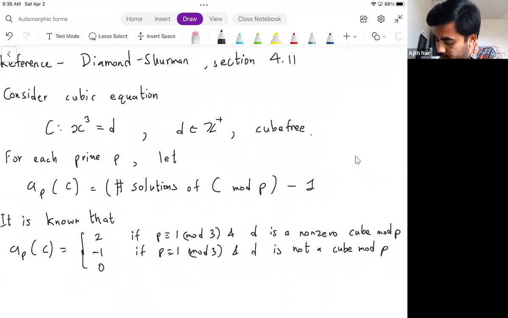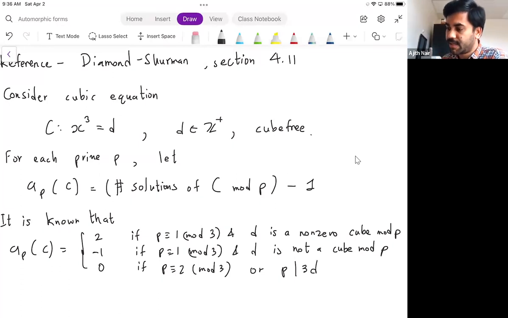And a_p is 0 if p is congruent to 2 mod 3 or p divides 3d.